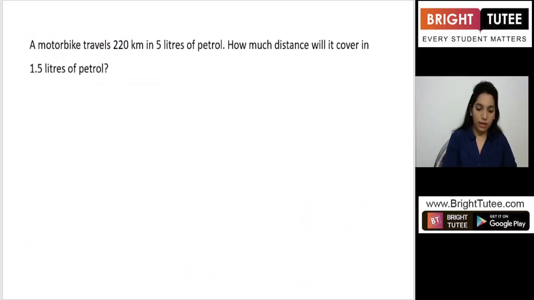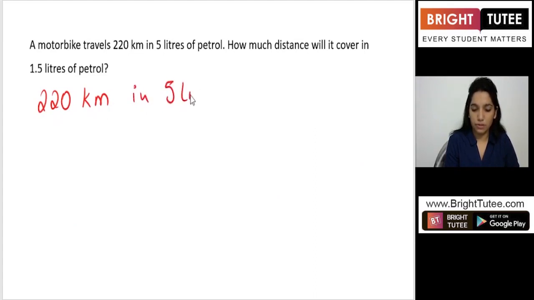Now let us go back to the question. It says a motorbike travels 220 kilometers in 5 liters of petrol. How much distance will it cover in 1.5 liters of petrol? So let us write it down. 220 kilometers in 5 liters.